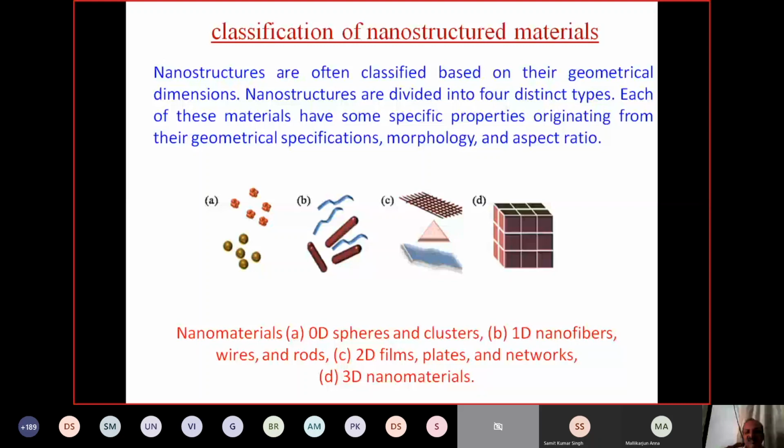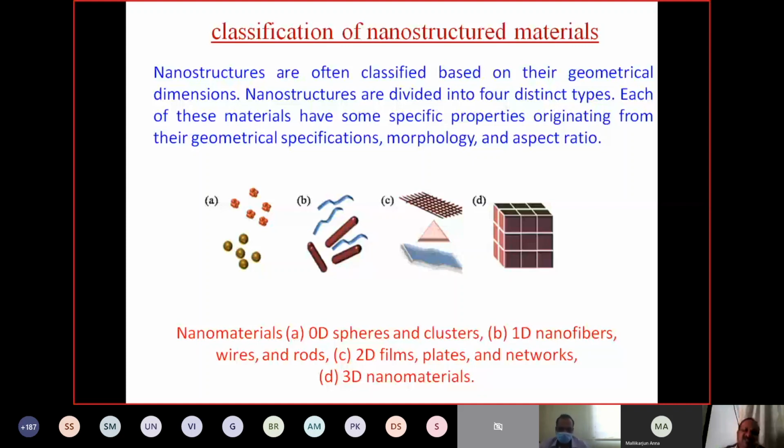Based on this, they classify nanomaterials into four categories: 0-dimensional, 1-dimensional, 2-dimensional, and 3-dimensional nanomaterials. 0-dimensional means all three dimensions are less than 100 nanometers, so in all dimensions it is nano size. 1-dimensional means, like a wire, two dimensions are in nanometer size, but in one direction it is above that.